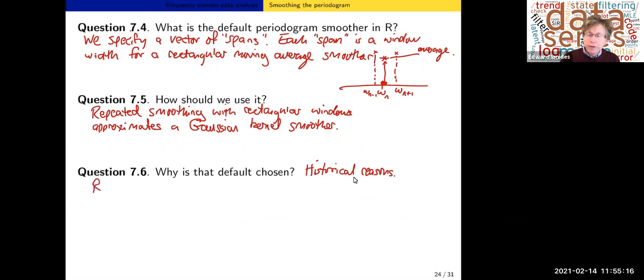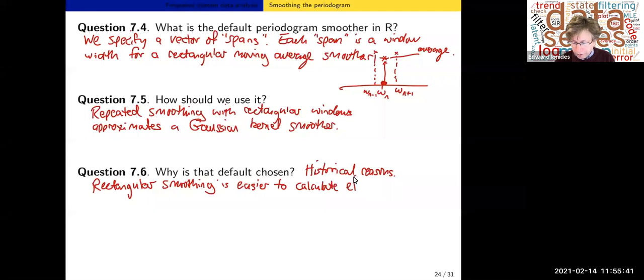So time series analysis is quite an old branch of statistics, and rectangular smoothing is easier to calculate efficiently.